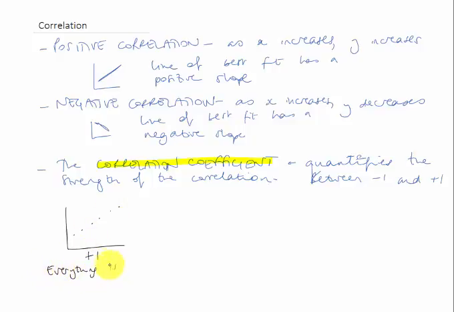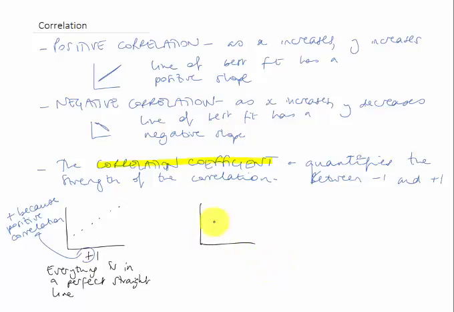So everything is in a perfect straight line, and it's plus because it's a positive correlation. Okay, but then if we had something, for example, something a bit like this. So here we've got, you can see that there's a correlation, so we could put a line of best fit through like that.